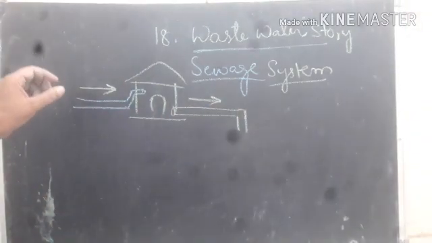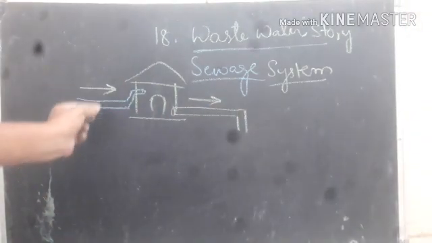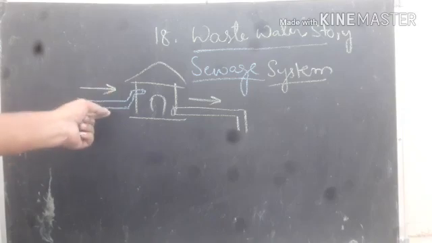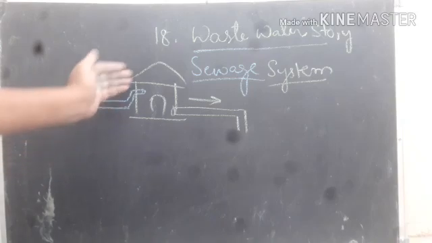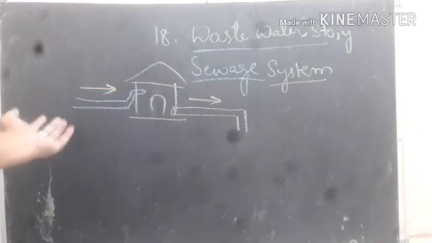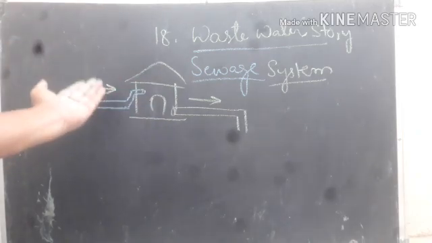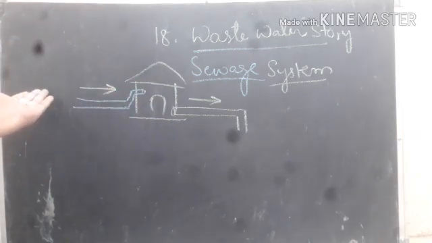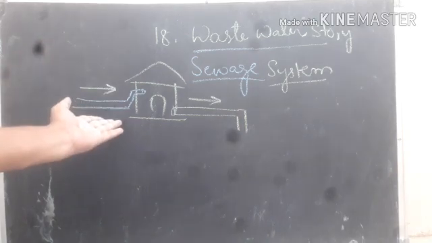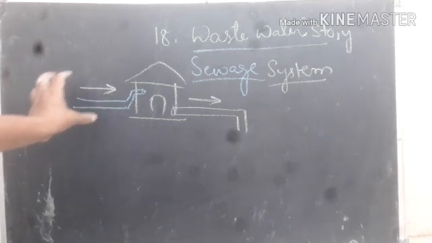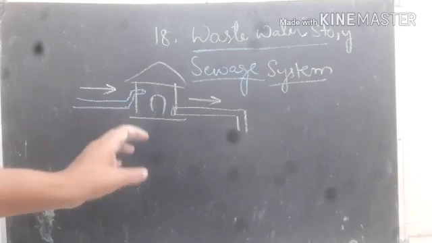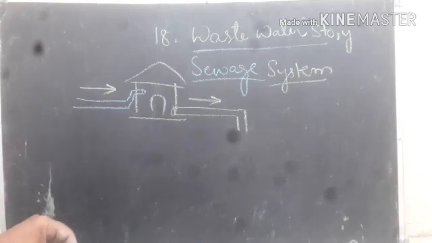The incoming pipe carries good water, drinking water, pure clear water to our house, which we get from the municipal tank, or from water bodies, or from underground water. That water is clear water, not wastewater or used water.